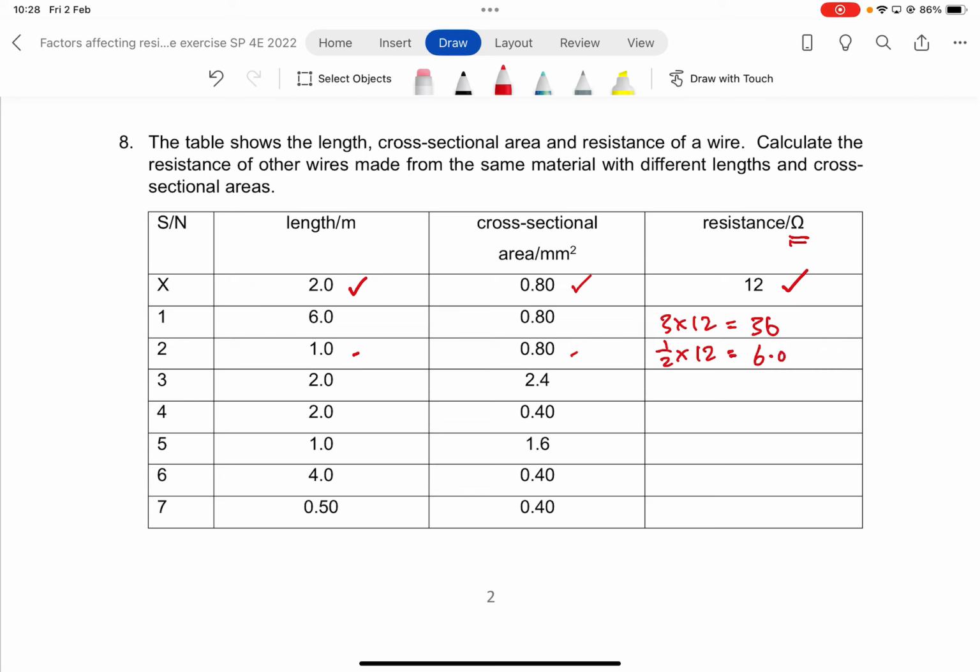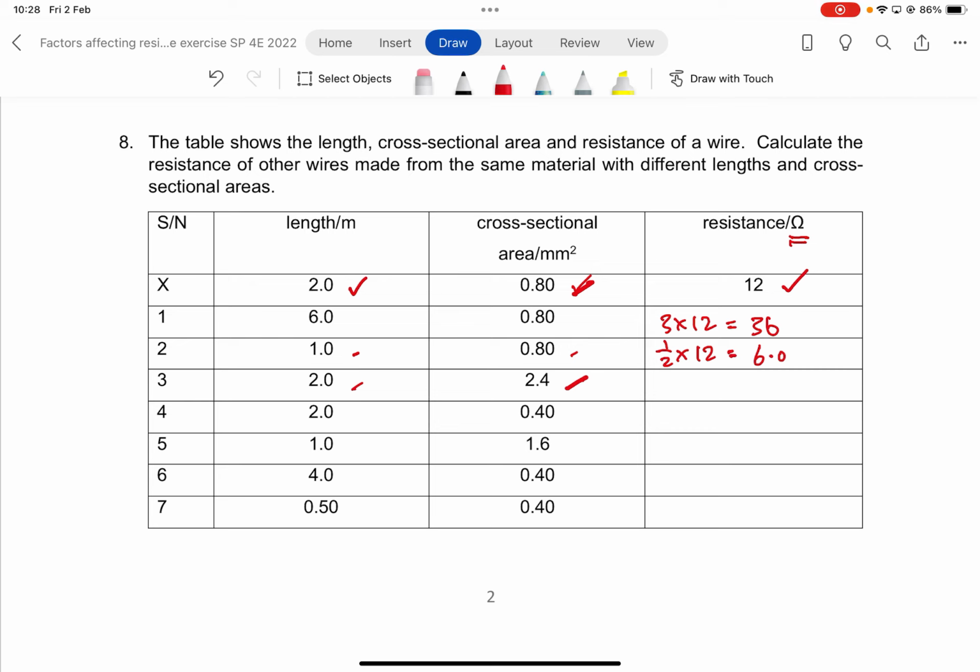Next one, length is the same. Cross-sectional area is how many times? 0.8 to 2.4 is how many times? 3 times. So when the area is 3 times, the resistance will be 1/3. Divide by 3.